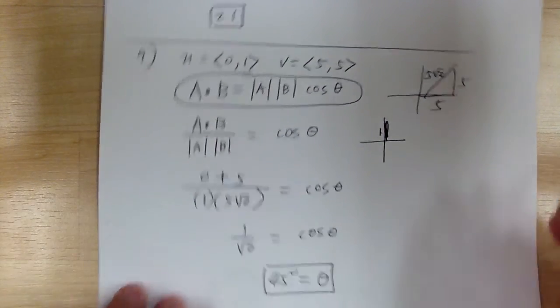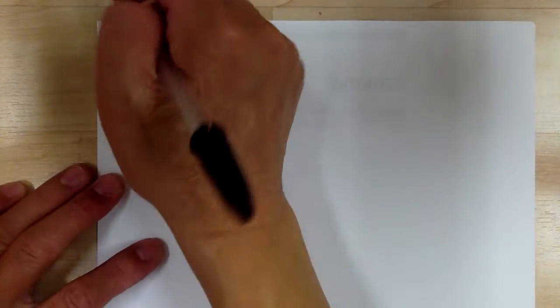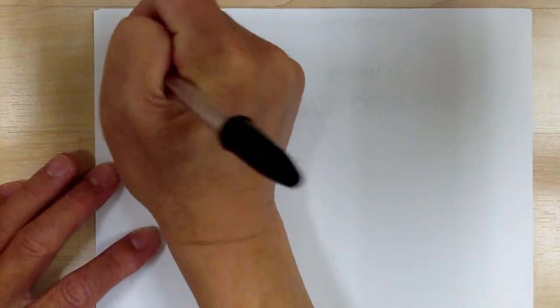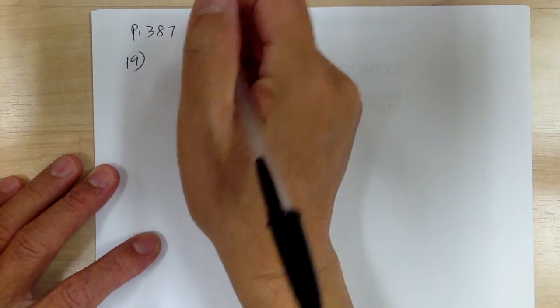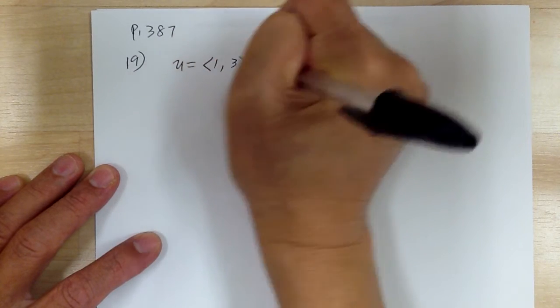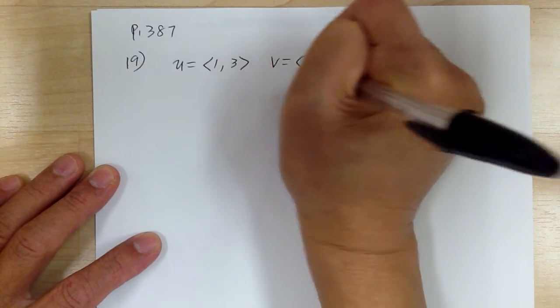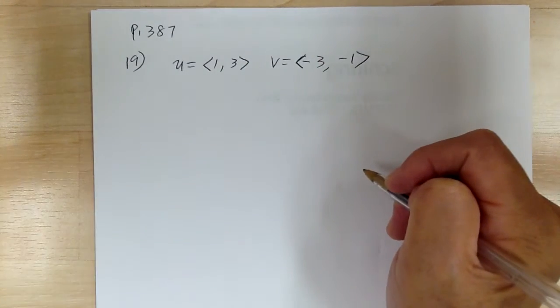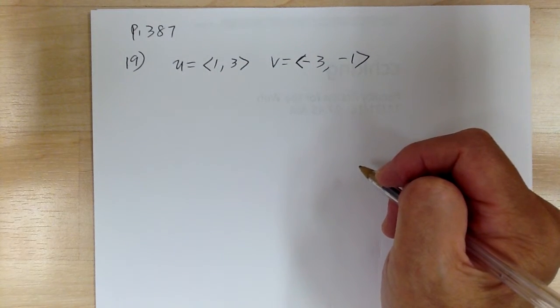Okay, let's go to number 19. You got u equal to 1, 3, and v equal to negative 3, negative 1. You want to determine if it's orthogonal. Orthogonal means it's perpendicular.